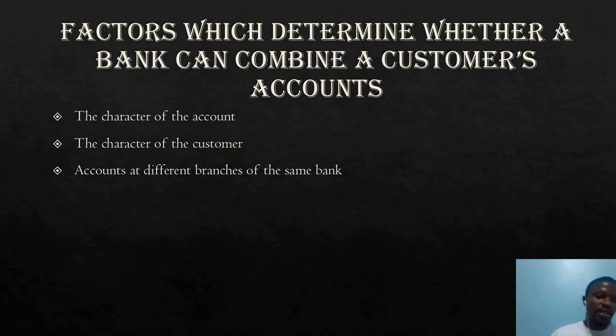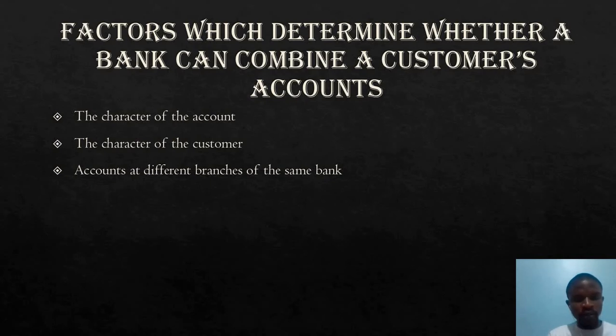There is a case in the textbook where you find a customer who is the MD of a company who has taken a loan in his private account, and the bank went ahead to combine the account, and in so doing set off the money that he's owed from the organization that is serving as an MD's account. And the court held that that kind of circumstance was impossible to do.